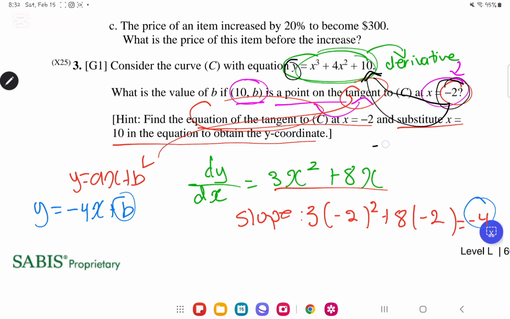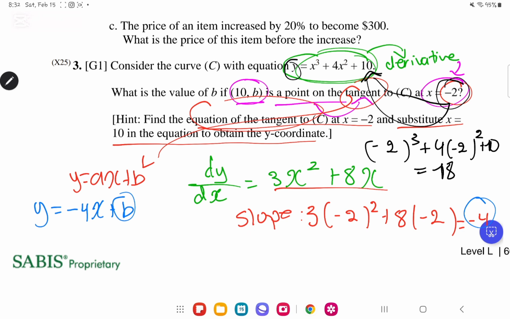So on the calculator, you will put minus 2 to the power of 3 plus 4 times minus 2 to the power of 2 plus 10. If you put it on the calculator, you will get an answer which is equal to 18.